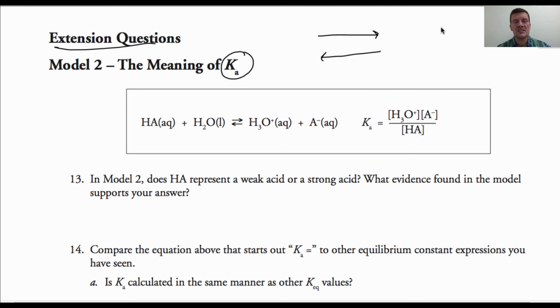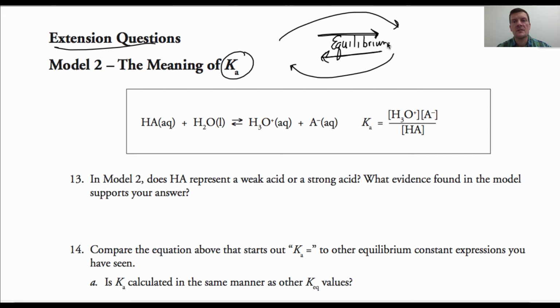It doesn't mean you're going to have the same number of products and the same number of reactants. It doesn't mean the quantities are the same. It just means the two directions are happening at the same rate. Every time you have reactants turning into products, you're going to have the same amount of products turning back into reactants when you have reached equilibrium.